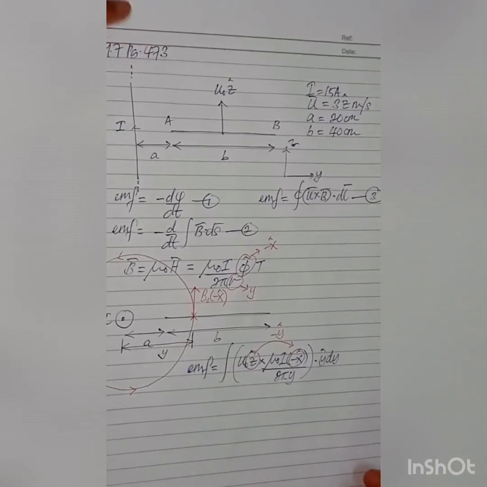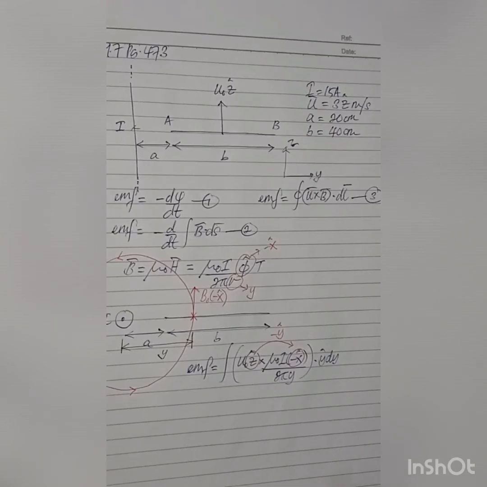So how do we determine the limit? It's simple, we can know the limit by looking at the current flow. The current flow can be determined by the cross product between u and B. Now let's use your right hand. The u is pointing in the positive z direction, and B is pointing in the negative x direction.